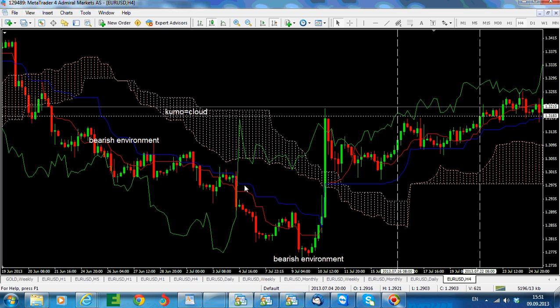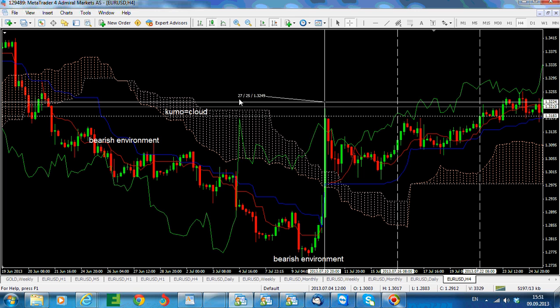Kinko shows the price 26 periods prior. See here the spike in the Kinko, and here the spike in actual price. We have to look at 26 periods before, and this is the actual level where the Kinko was meeting the resistance in front of it.